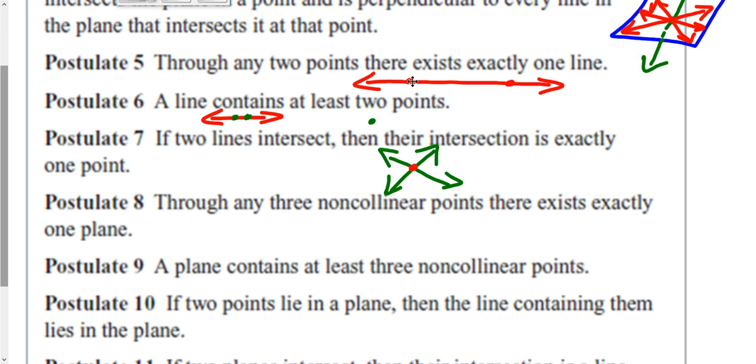Postulate number 8. Through any 3 non-collinear points, there exists exactly 1 plane. So through any three non-collinear points, so points not on a line, there exists exactly one plane.